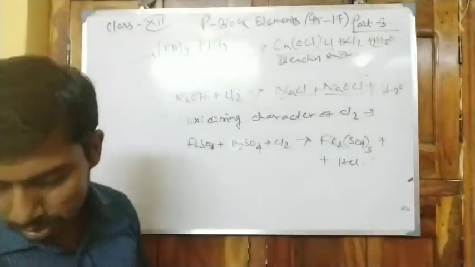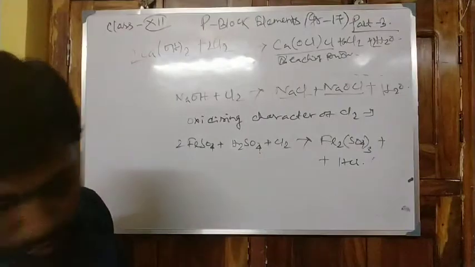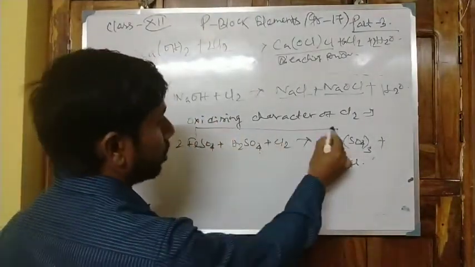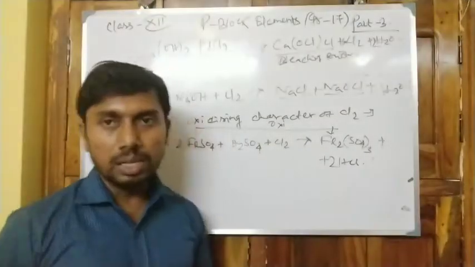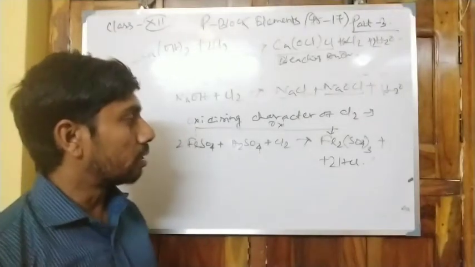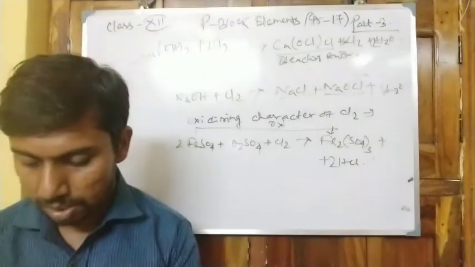The balanced equation is 2FeSO4 plus H2SO4 plus Cl2 gives Fe2(SO4)3 plus 2HCl. So here iron is oxidized. This is an example of an oxidation reaction. Another oxidizing reaction is sulfur to sulfur dioxide, etc.